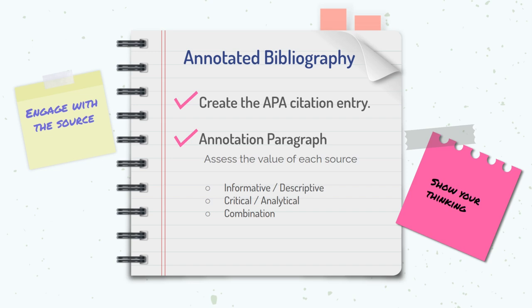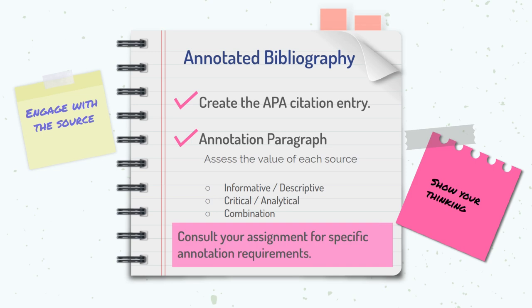You might provide some summary, but you're also going to provide some analysis. There's no one sure answer for what an annotation paragraph looks like. It ultimately is what your instructor is asking in the assignment. So you must consult your assignment for specific annotation requirements.